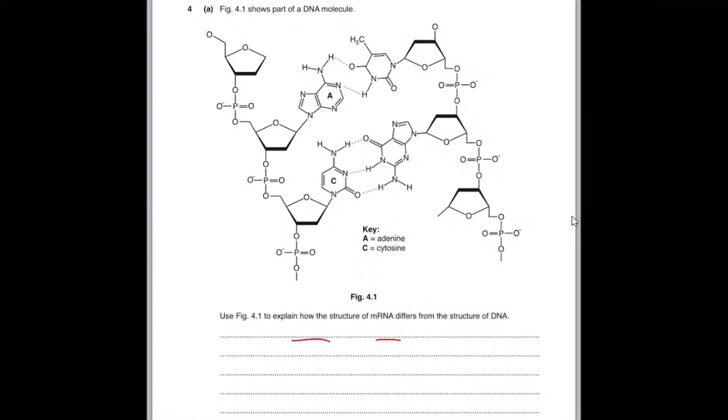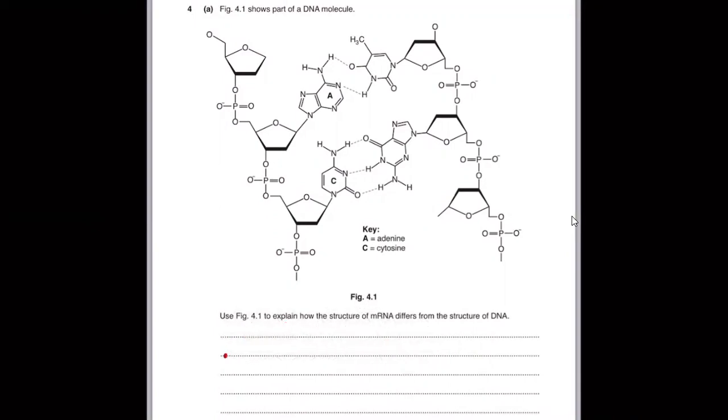Miss, mRNA has uracil instead of thymine. Okay, so the uracil difference. Anything else, Amna?